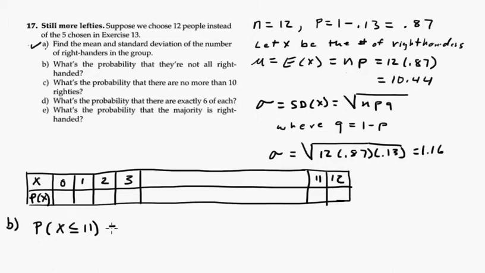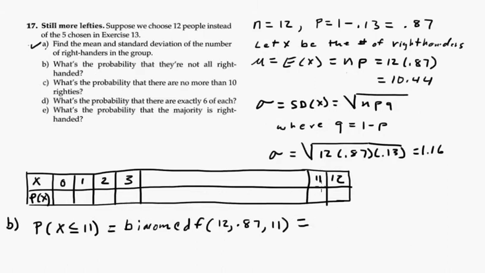So that's just binom CDF. We just accumulate all of these. So you could do binom CDF, and we would go 12, 0.87, and 11. Okay, that's one way to do it.